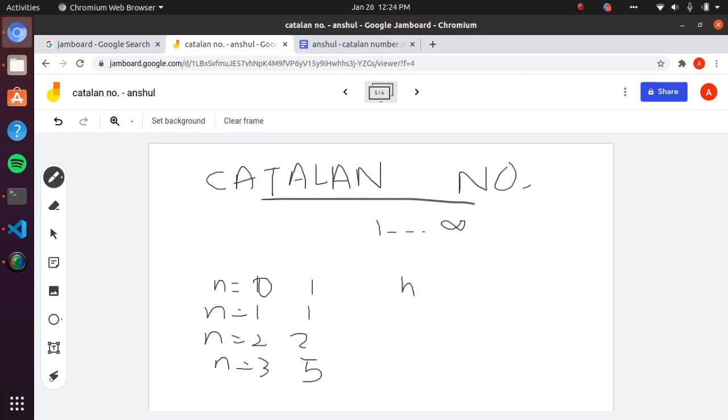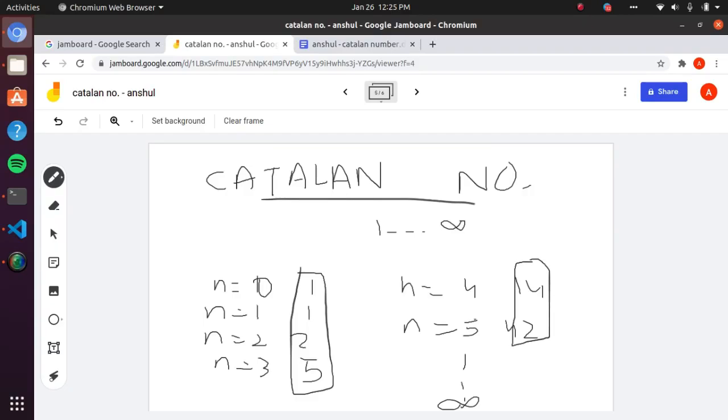For n equal to 4, it is 14. And for n equal to 5, it is 42, and this continues till infinity. We are not going to write all of these. So this is the sequence of Catalan numbers.